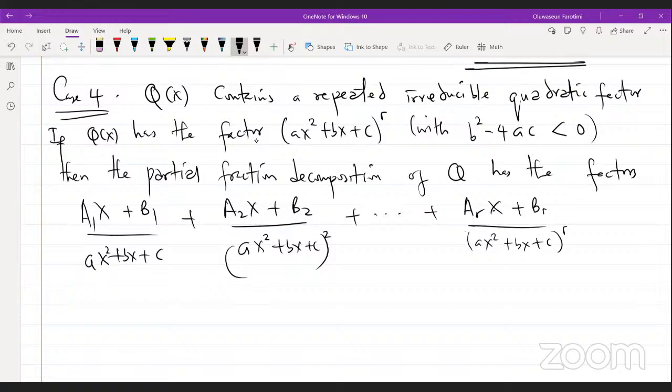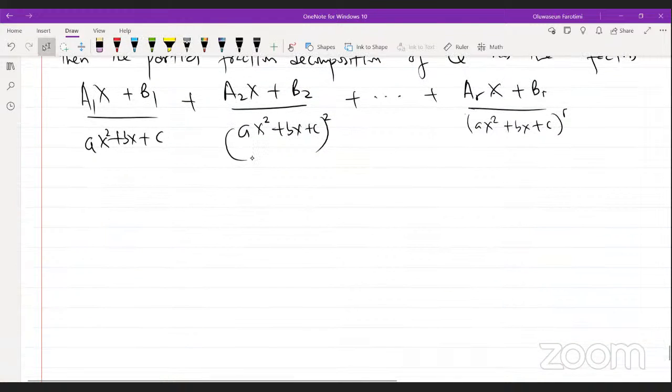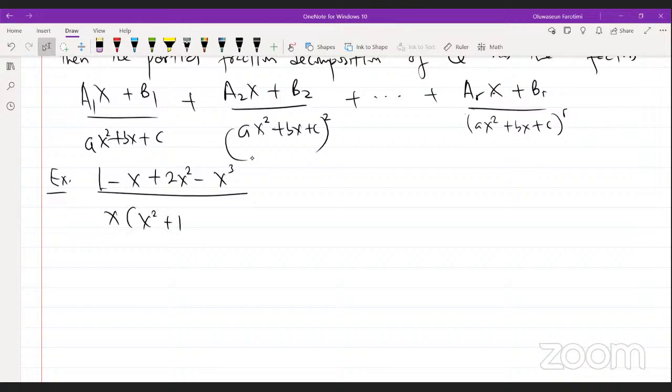Okay, so a good example is this, guys. If I have an example, and that's where I'm going to stop. If I have 1 minus x, for instance, plus 2x squared minus x cubed, all divided by x times (x squared plus 1) all squared.